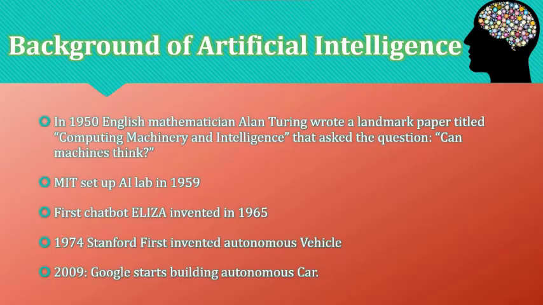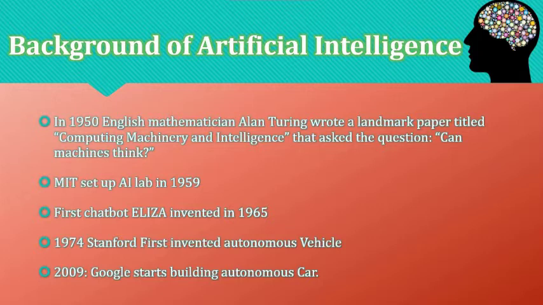So, what is the background of artificial intelligence? The famous English mathematician Alan Turing wrote a landmark paper titled Computing Machinery and Intelligence. In that paper, he asked a question: can machines think? He did an experiment. The name of the experiment is the Turing test. Basically, from this test, we got the concept of artificial intelligence.